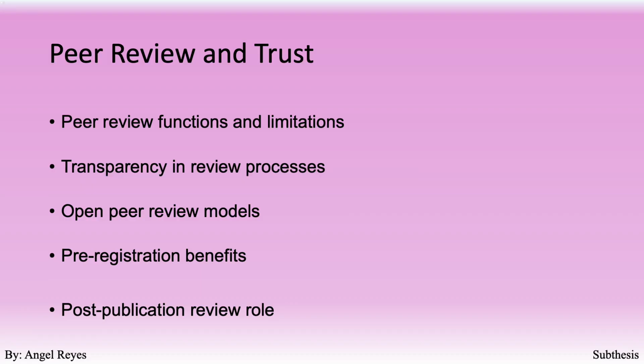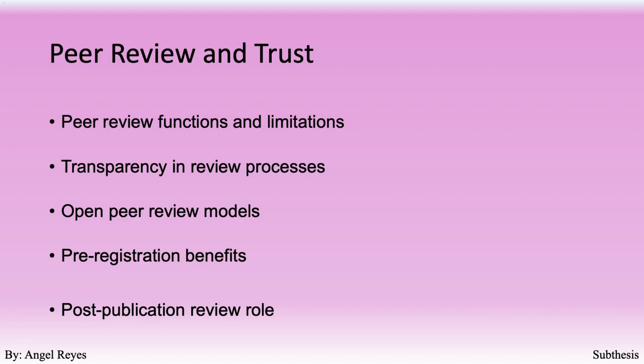Peer review has long served as science's primary quality control mechanism. Its functions include detecting methodological flaws, ensuring appropriate analysis, and verifying that conclusions match evidence. However, it has important limitations. Reviewers may miss errors, harbor biases, or lack specialized expertise.